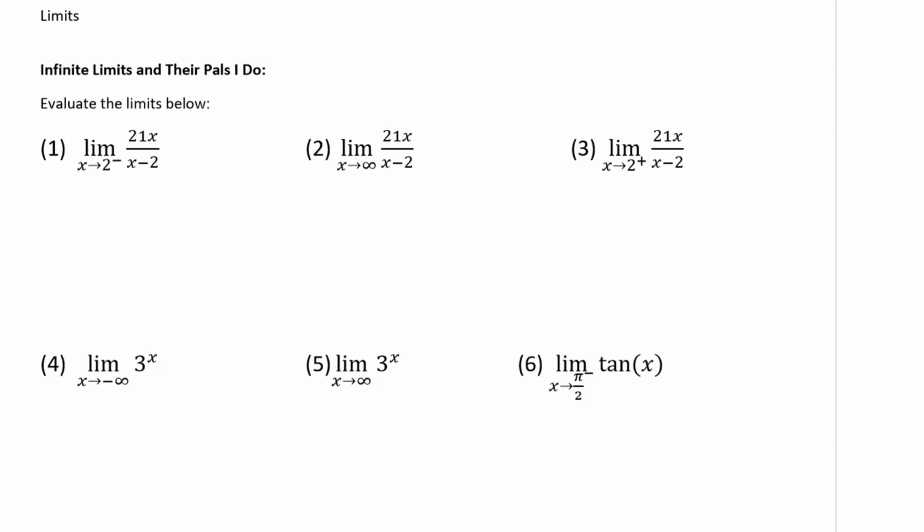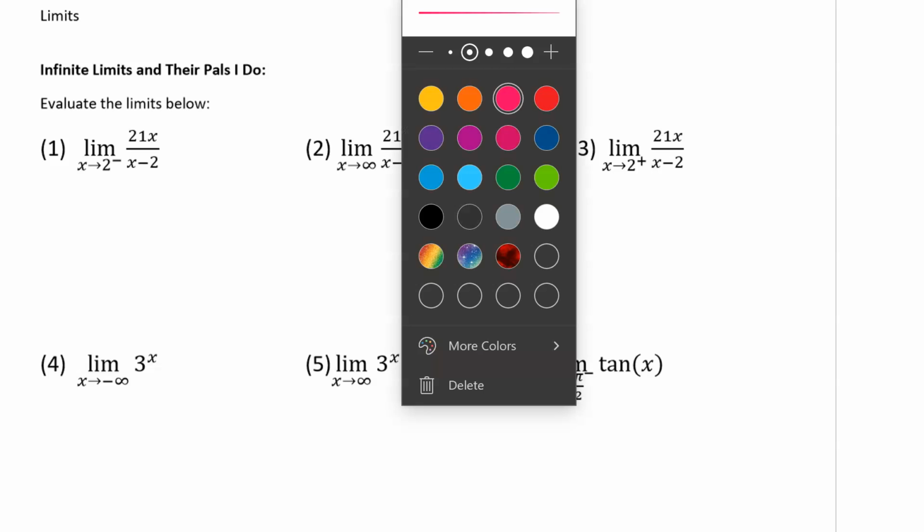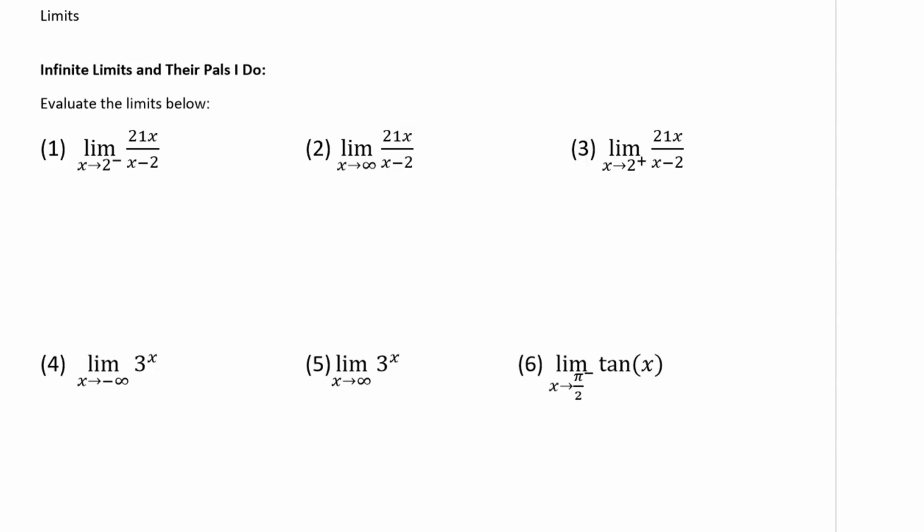All right, so we've got some one-sided limits here and some infinite limits that we're going to be talking about. With any rational function, when the denominator equals 0, we're going to have a vertical asymptote.